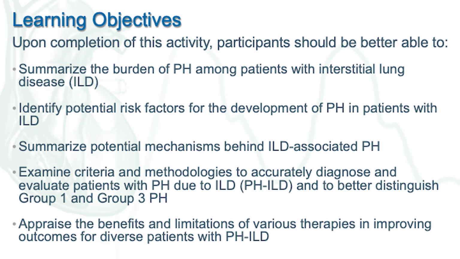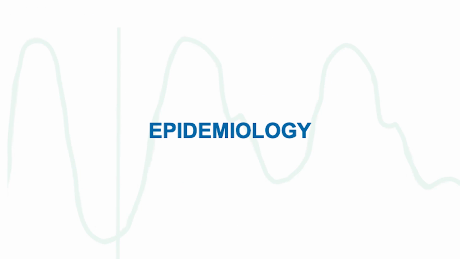We'll examine criteria and methodologies to accurately diagnose and evaluate these patients. It kind of is the same as pulmonary arterial hypertension, spoiler alert. And then we'll talk about some of the different therapies for pulmonary arterial hypertension that have been tried in interstitial lung disease associated pulmonary hypertension.